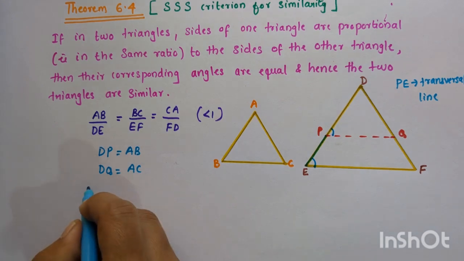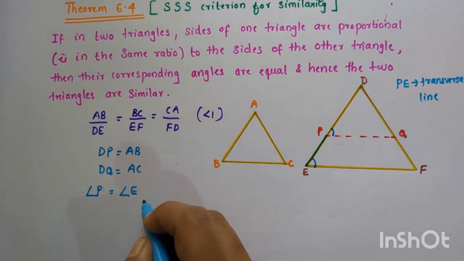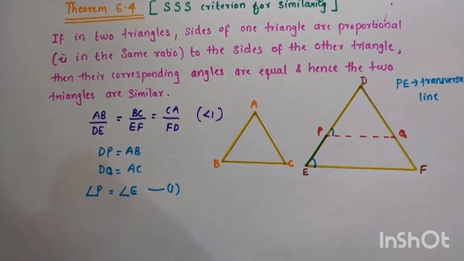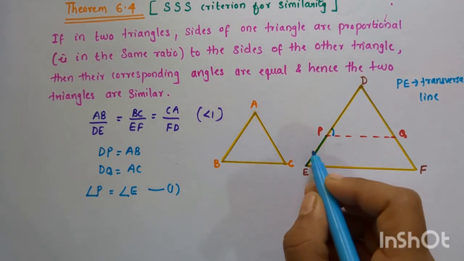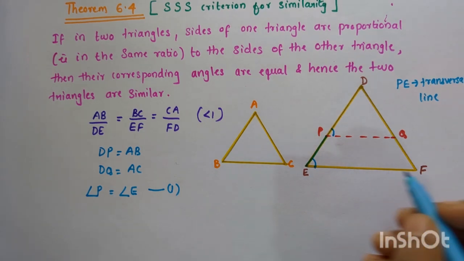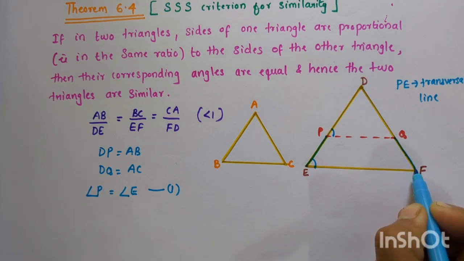That is, angle P will be equal to angle E. I am taking this as 1. Similarly, consider this line QF.